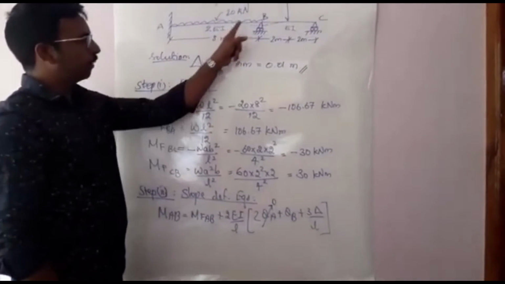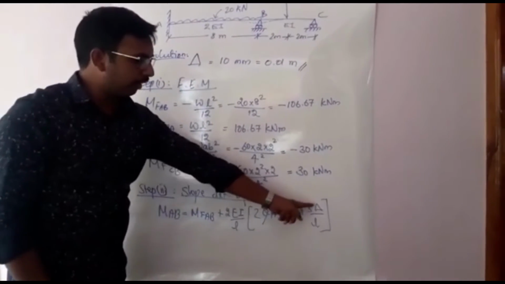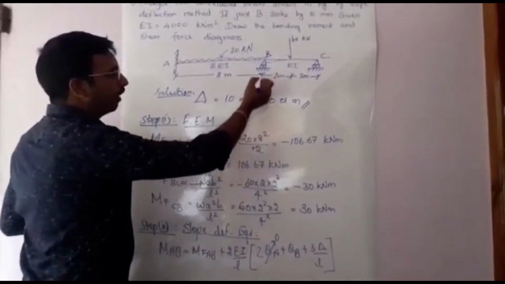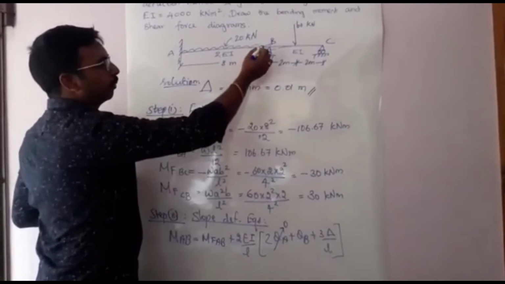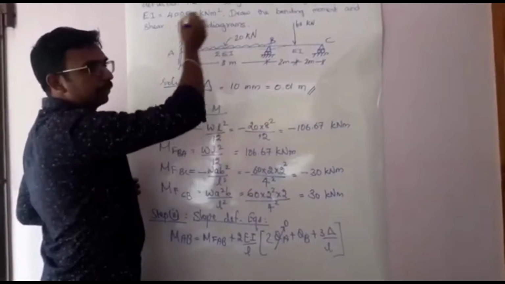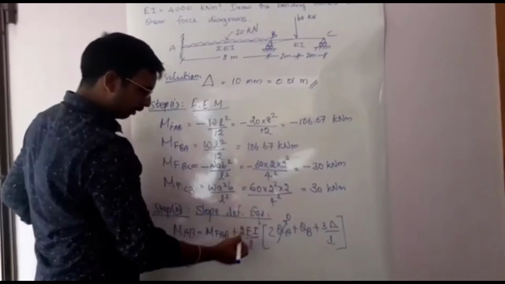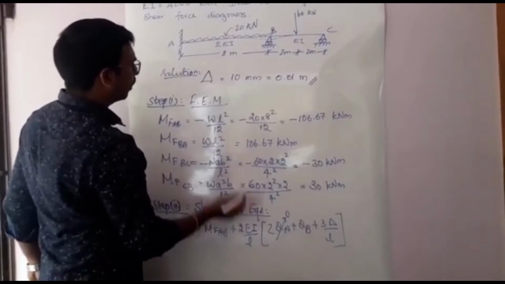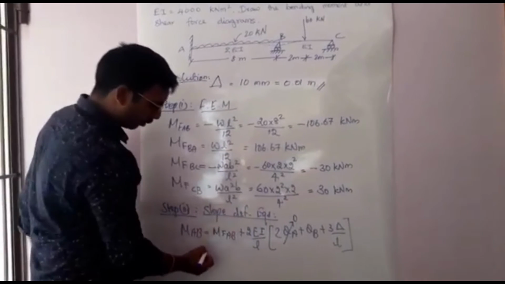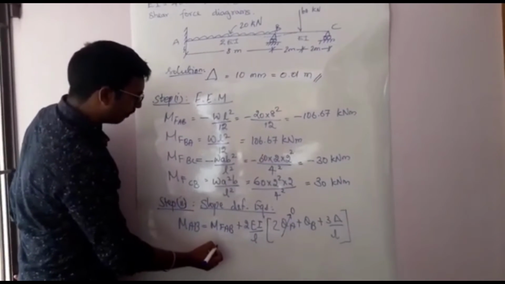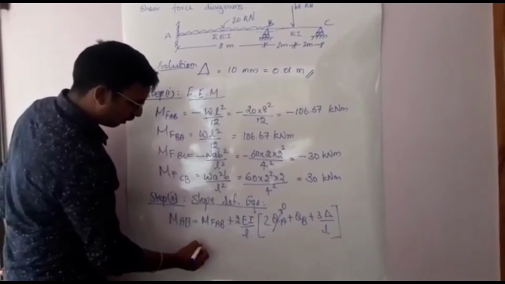But theta B has a value, and the delta value you have to put as 0.01 in negative because it bends like this. And for EI you have to substitute the value.